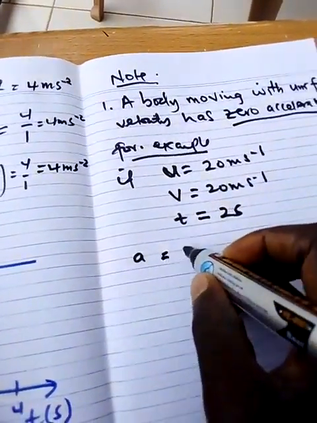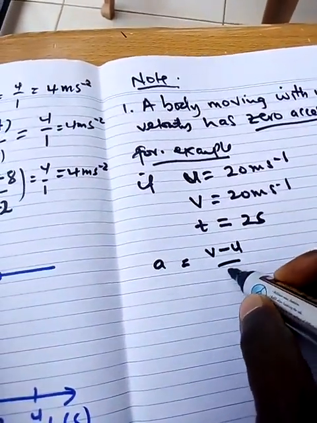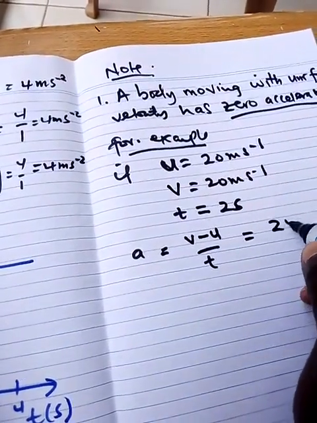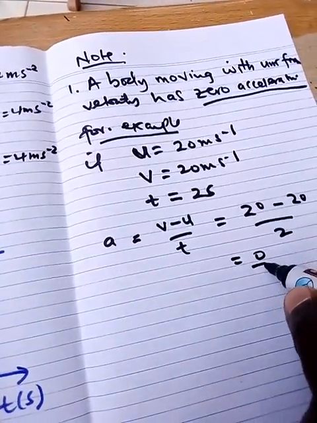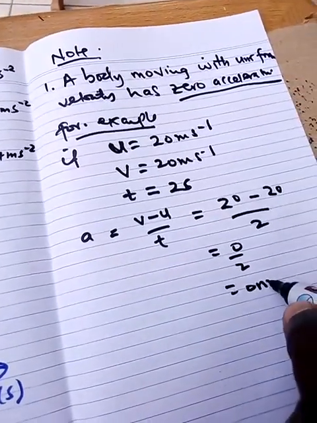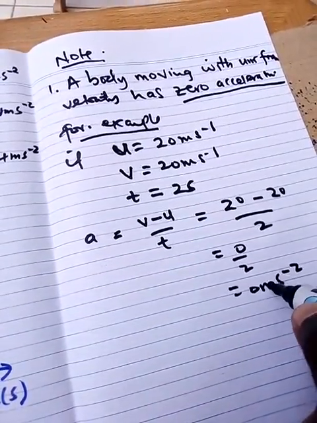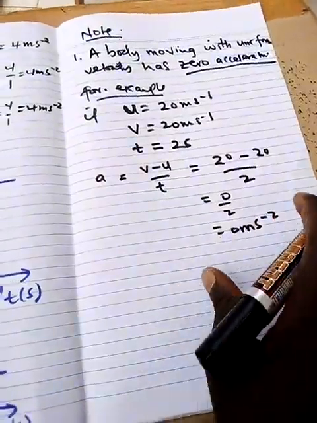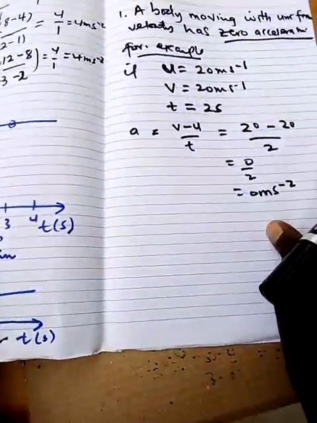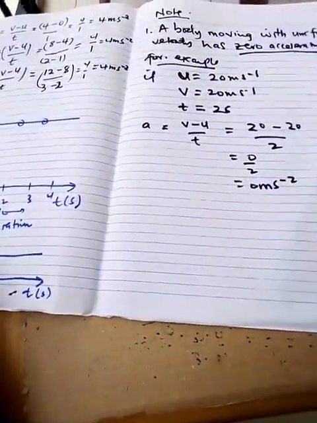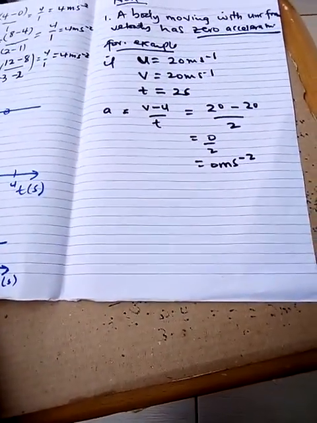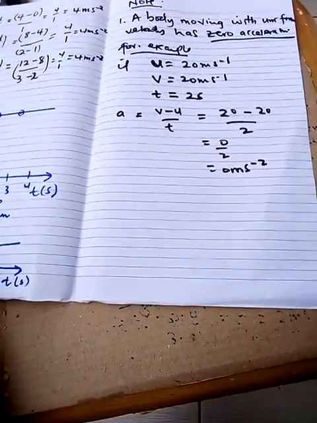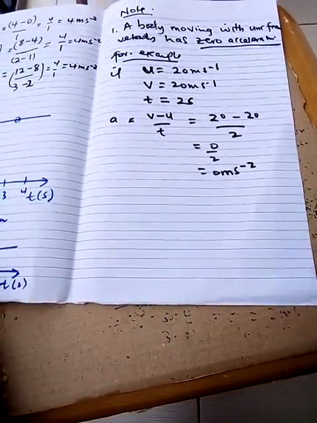Acceleration a is equal to v minus u divided by t, which is 20 minus 20 divided by 2. That is 0 divided by 2, and this is 0 meters per second squared. So any object which moves at uniform velocity is said to have 0 acceleration.